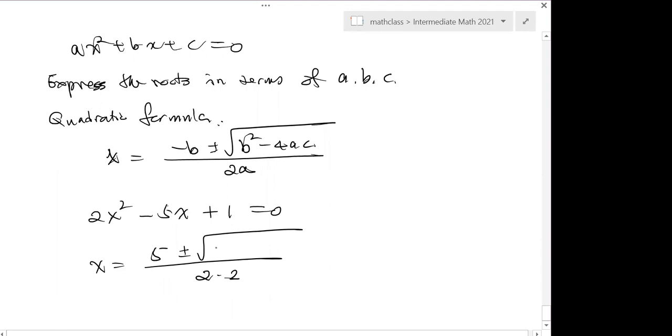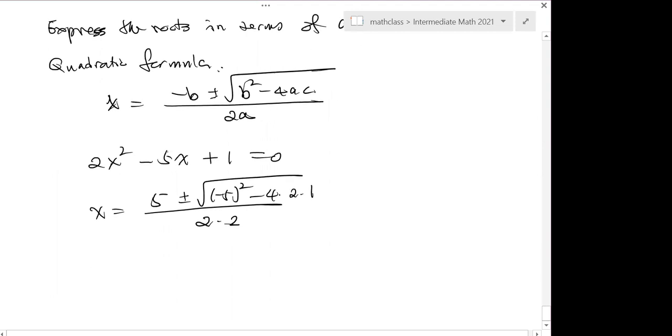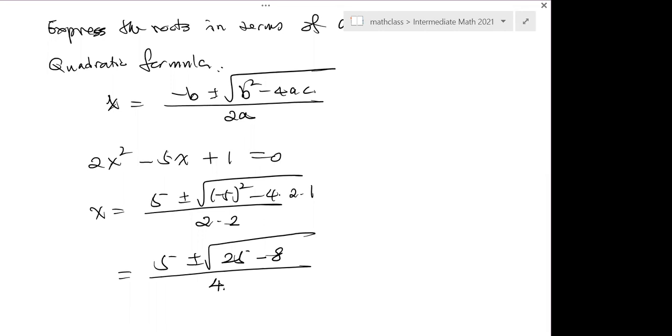And then b squared is negative 5 squared minus 4ac. c is 1. So let's simplify it. It's 25 here minus 8, and divide by 4. Now 25 minus 8, that would be, I think, 17, right? 17.